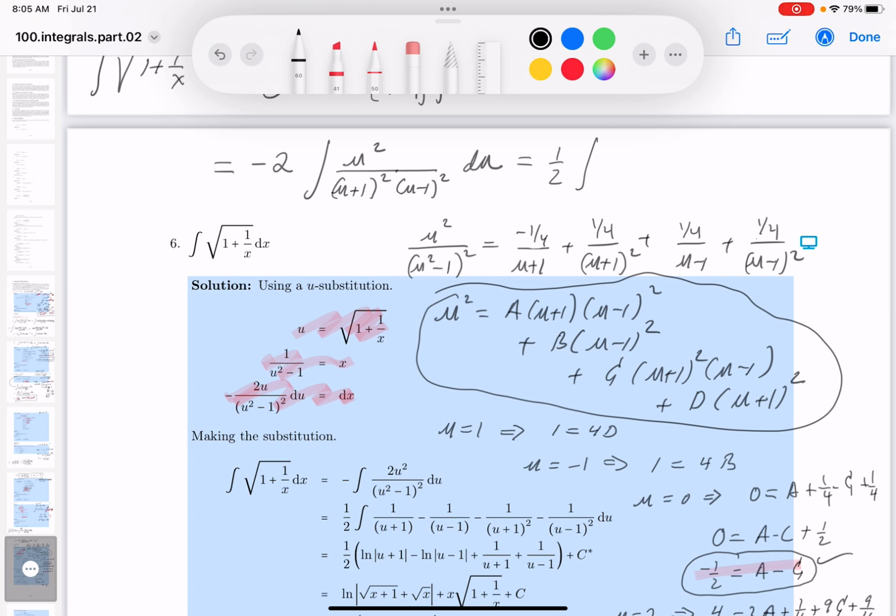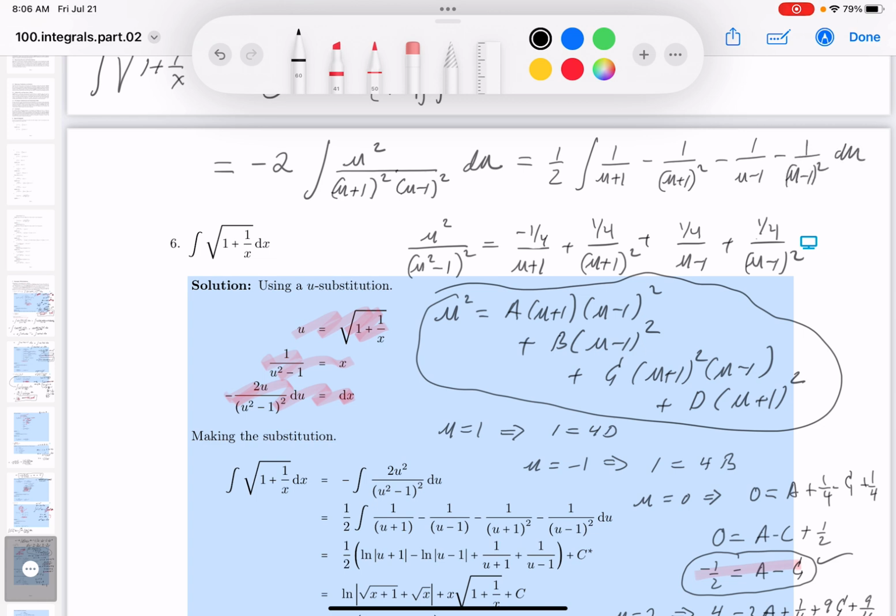And then you get this expression. And again, I factored out minus 1/4. So I get 1 over u plus 1 minus 1 over u plus 1 squared minus 1 over u minus 1 plus, minus 1 over u minus 1 squared du.